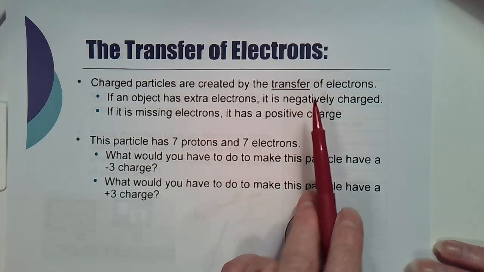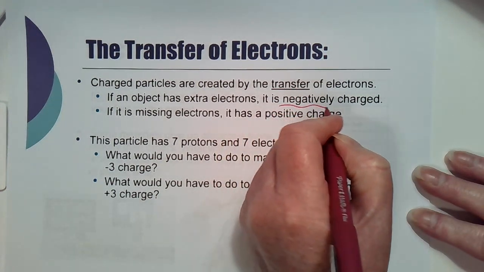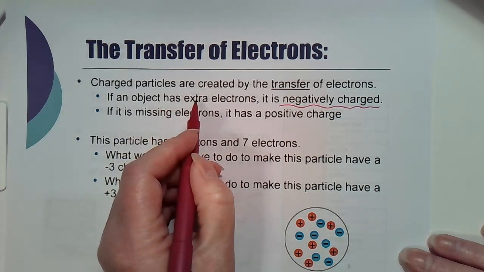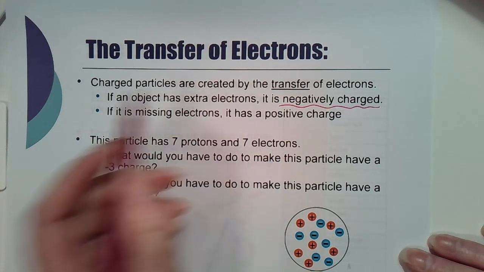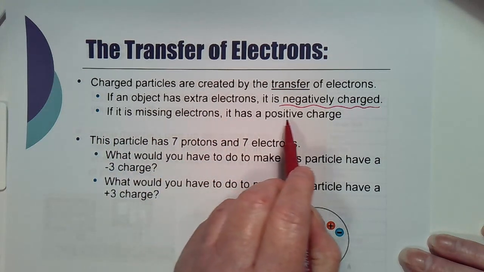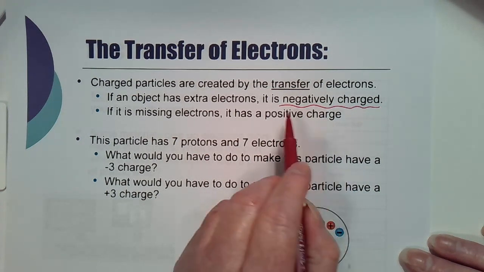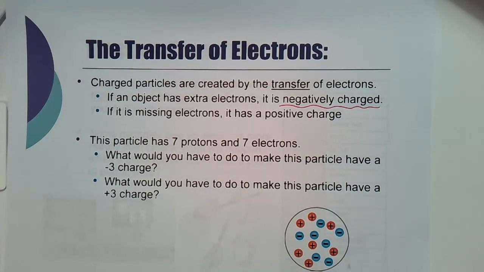If I want a mass or an object to become negatively charged, I have to give it some extra electrons. If I want something to be positively charged, I don't give it positive charges. I can't give it positive charges. Positive charges can never ever move because they're locked inside the nucleus.